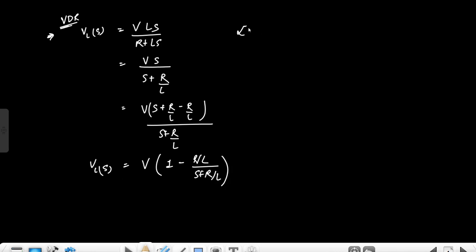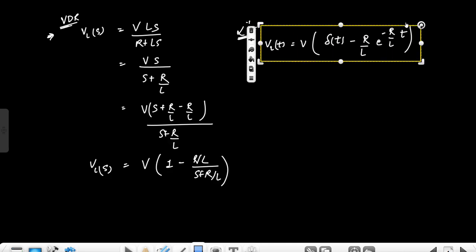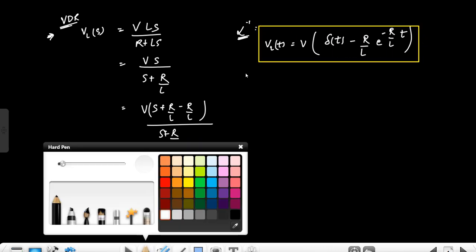Now taking the Laplace inverse, VL of t will be V times the Laplace inverse of 1, which will be impulse, delta t, and minus R by L and exponential raised to power minus R by L of t. So this is the voltage equation for this impulse input, right?